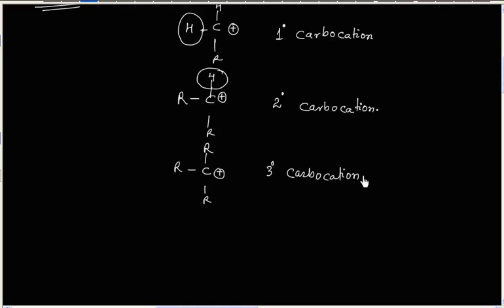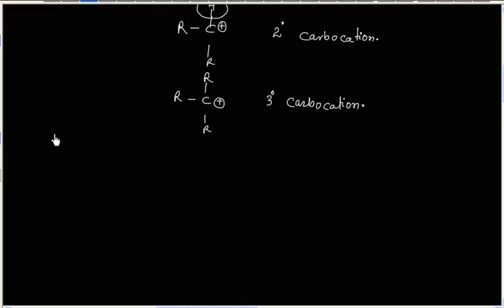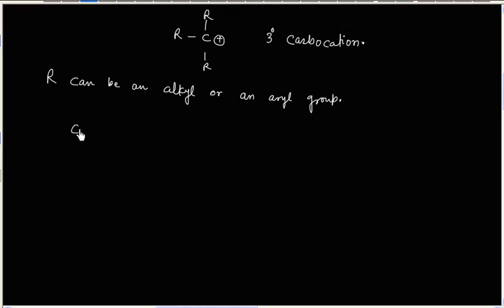Now R can be an alkyl group as well as an aryl group. We can have more carbocations. This carbon, that is sp2 hybridized, is called vinylic carbon.